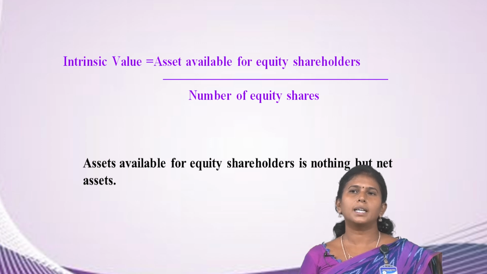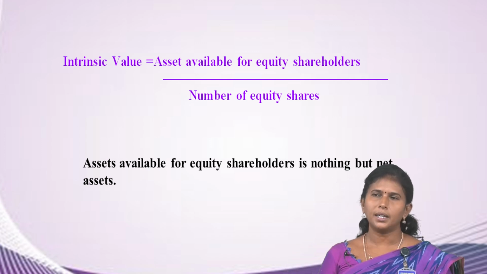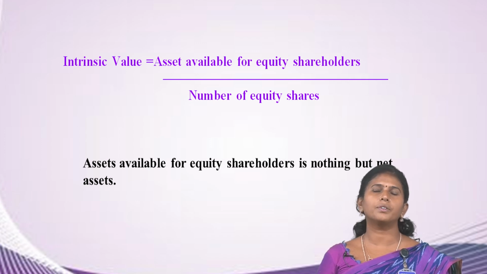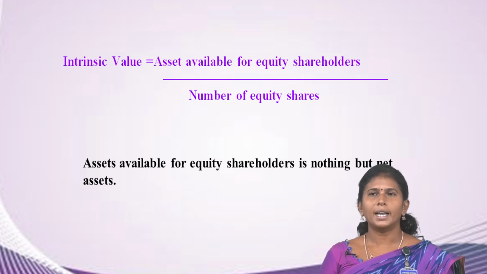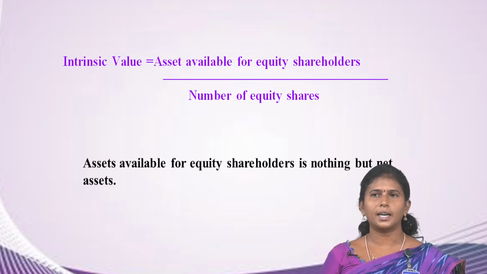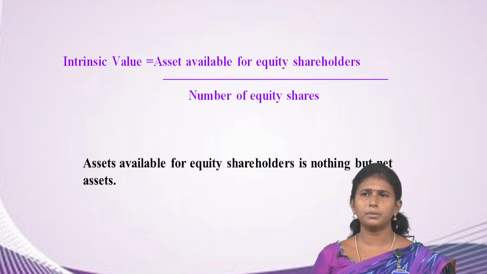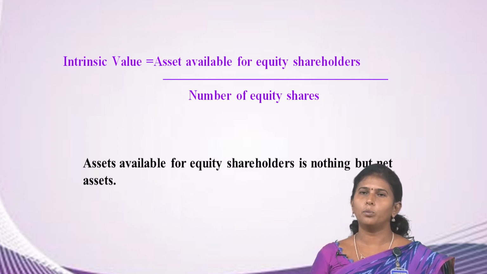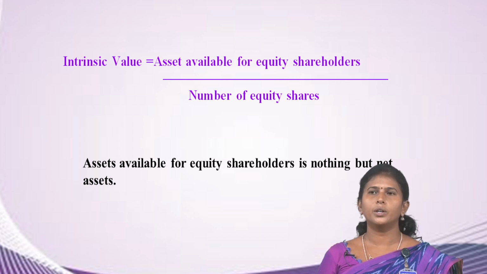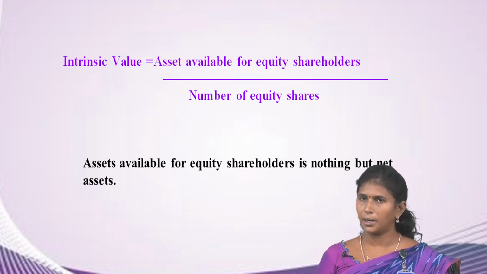First, you have to take the assets, and from that deduct the amount due to third parties and preference shareholders. While calculating these assets available for equity shareholders, first you have to take the assets at the agreed value, and from that deduct the liabilities due to third parties. While deducting the amount due to third parties, you will have to deduct the preference share capital also.